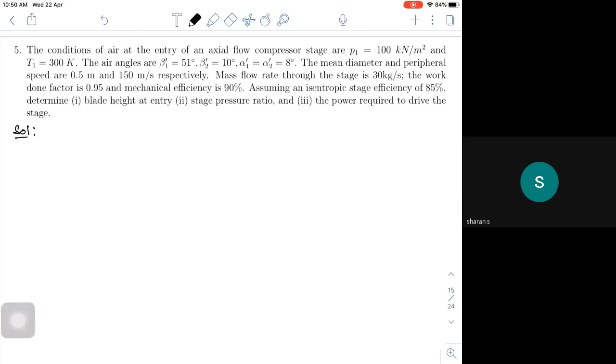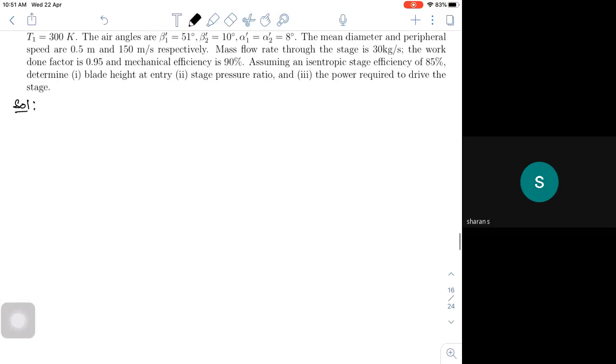The mean diameter and the peripheral speed are 0.5 meters and 150 meters per second. The mass flow rate through the stage is 30 kg per second. The work done factor is 0.95 and the mechanical efficiency is 90%. Assuming an isentropic stage efficiency of 85%, determine the blade height at the entry, the stage pressure ratio, and the power required to drive the stage. So this is the problem statement.